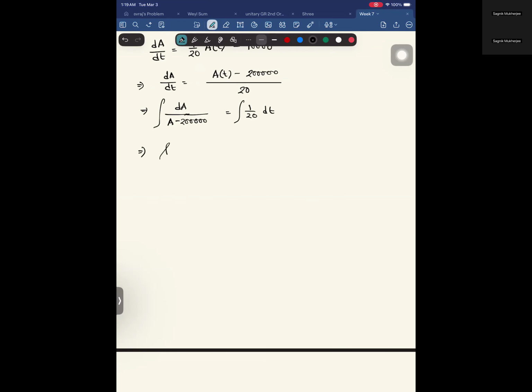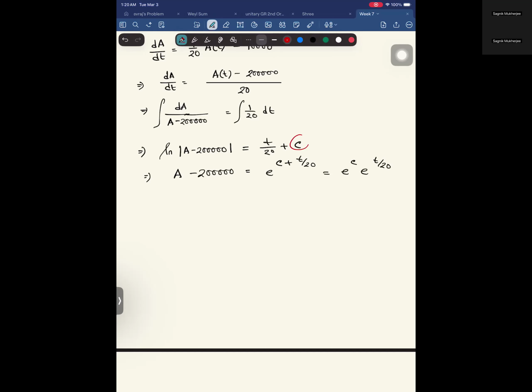Right? So this is going to be log of the absolute value of A minus 200,000 equals t over 20 plus c. Let me be more precise. A minus 200,000 equals e to the power c plus t over 20, which you can write as e^c times e^(t/20).